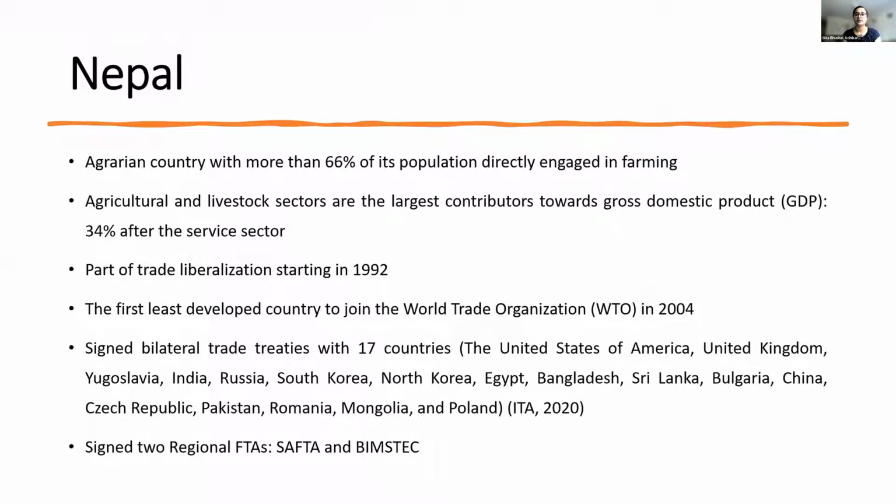Nepal started its trade liberalization in 1992 with India, and it was the first least developed country to join the WTO. It has signed 17 different bilateral trade treaties and 3 regional FTAs: one with India, and the other two are SAFTA and BIMSTEC.